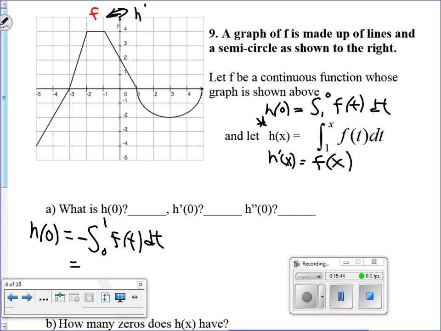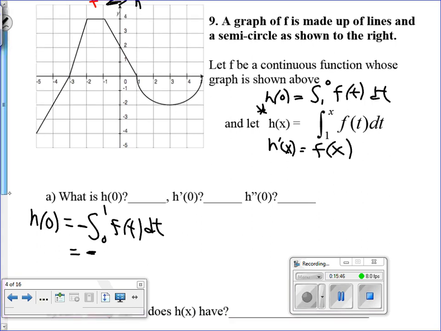Now, to get that definite integral, we just have to look at the graph between 0 and 1, and we've got to figure out what is the area above minus the area below. Well, if you look at the area between 0 and 1, when I say it's the area between the graph and the x-axis, notice that that area is above the x-axis. There's no area below, so area below is just going to be 0.